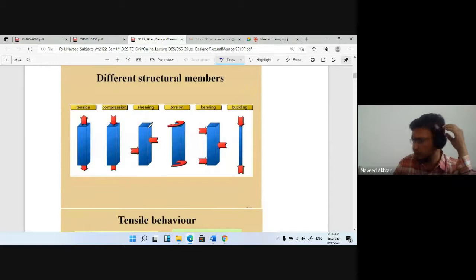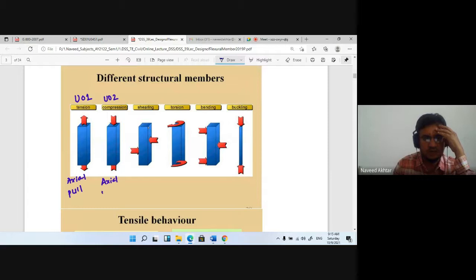Now, till now we have done design in unit number 1. We have designed the tension member where there is axial pull on the member. Then in unit number 2, we have designed the axially loaded column with axial push on the member.